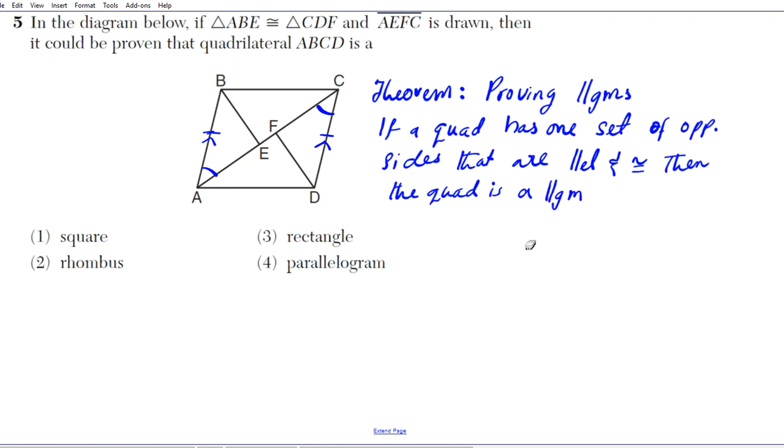Just one set is sufficient. That's how far we can go in this particular problem, because we don't know anything about these two sides right here. Let's see if we can prove that this is a parallelogram based on what we have.